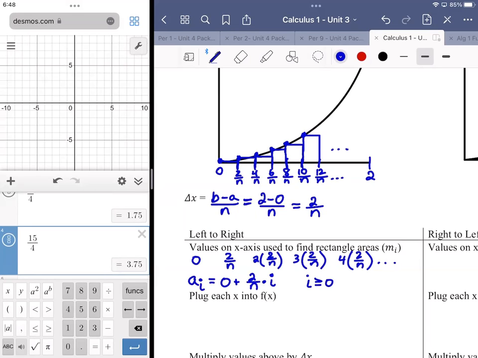All right. So if I replace i with a 0, I get a 0. If I replace i with a 1, I get a 2 over n. If I replace i with a 2, I get a 4 over n, and so on. All right. So a simplified form, it's not really much of a simplified form, but I could say 2i over n.